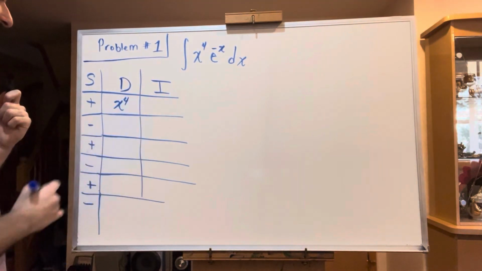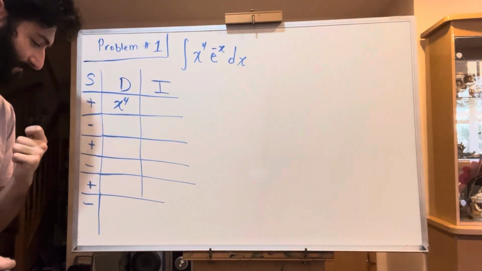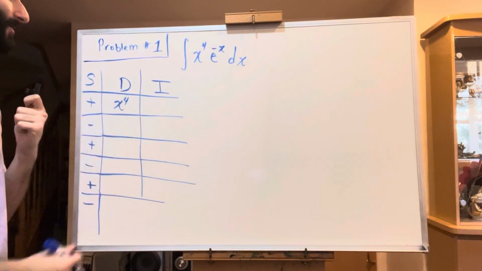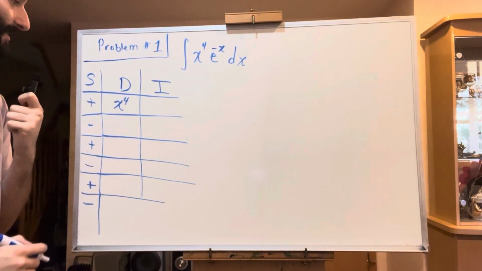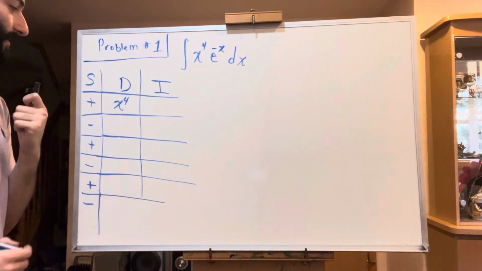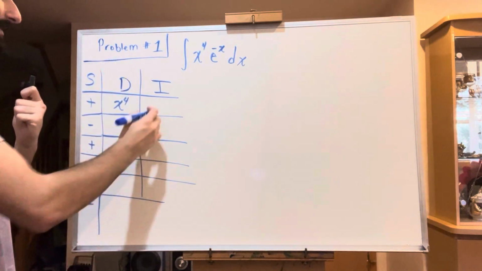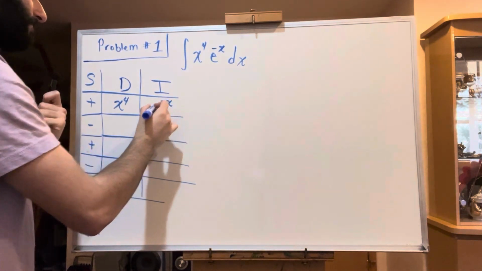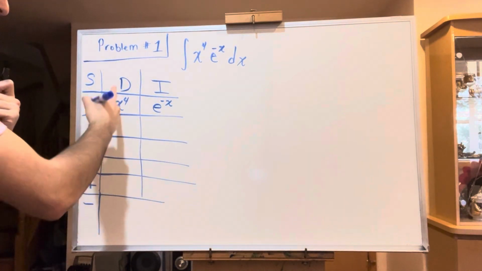They're essentially the same thing, the only difference is one takes a lot more time drawing out the lines for the rows and columns. But yes, we set x to the fourth in the D column, and our exponential will be in the integration column.